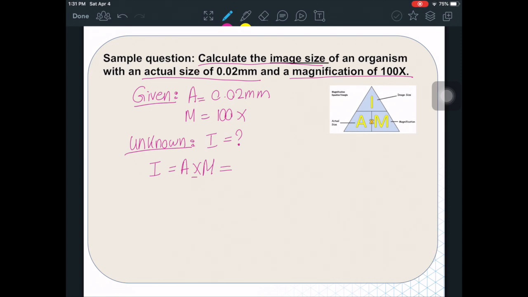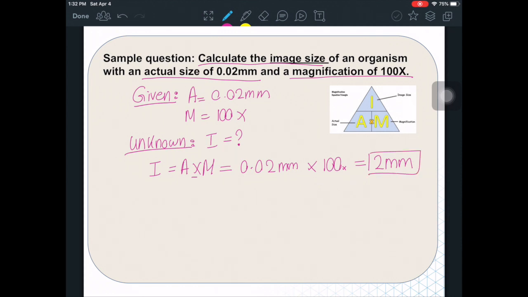A is equal to 0.02 millimeters times my magnification, which is 100 times. My image size is going to end up being 2 millimeters long, right? Remember, you can use your calculator for this, just to make sure. And yes, this is my final answer, okay?